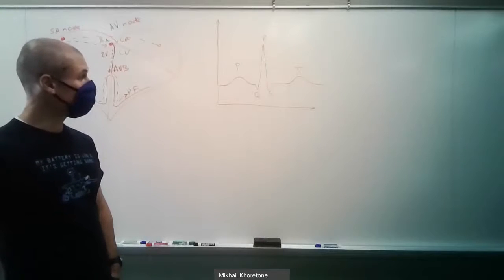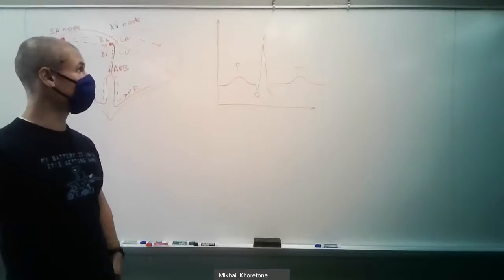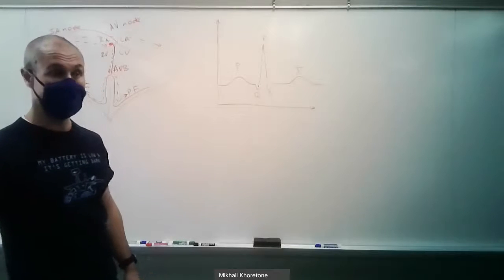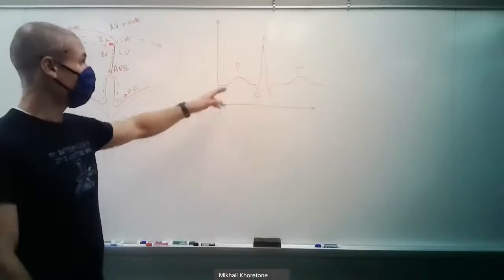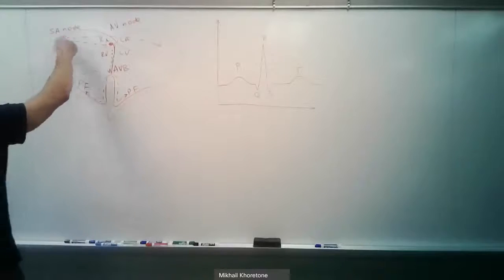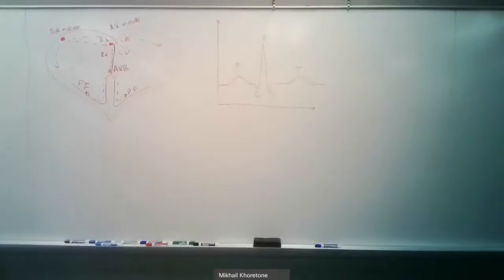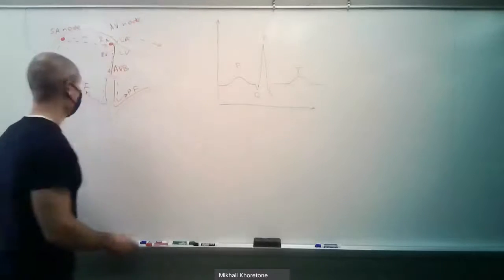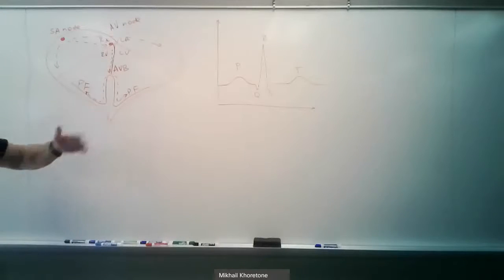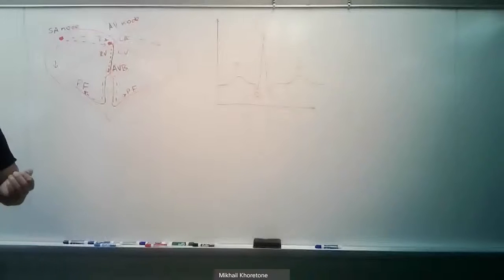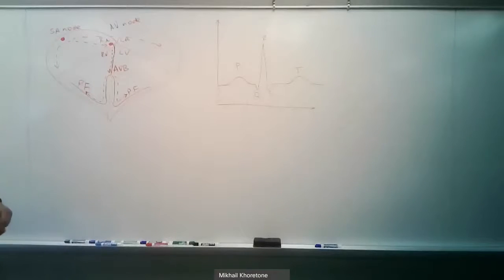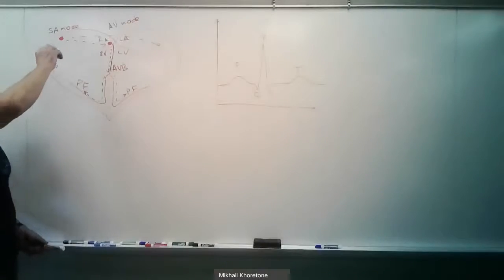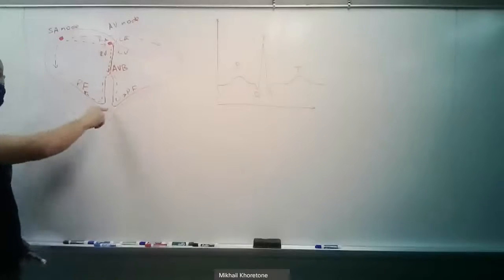Now, there are some interesting elements, for instance, PR interval. Why is it important? Because P is the start of atrial depolarization, and R is the start of ventricular depolarization. It basically tells you how much time it takes for the signal to go from here to here.